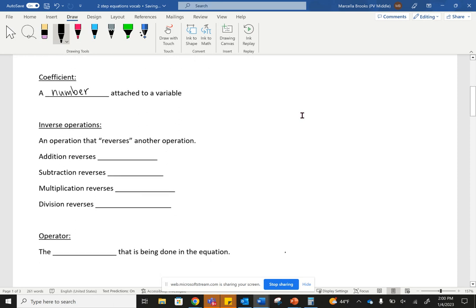So for two-step equations, you have to do inverse operations. And what that means is you're going to do an operation that reverses another operation. So addition reverses subtraction. Subtraction reverses addition. Multiplication reverses division. And division reverses multiplication.